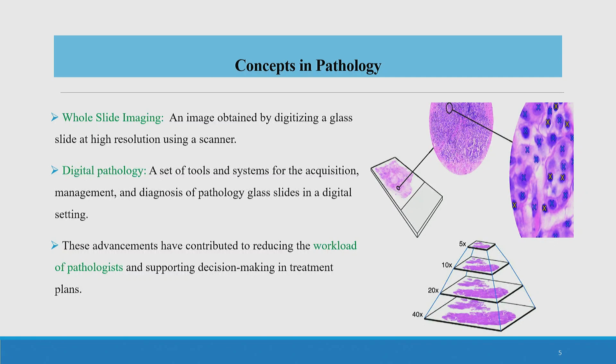It may be gastric, it may be kidney, it may be breast, or some other part of your tissue that is taken from the body, and it is digitized on the slide, and it can be stored on computers.